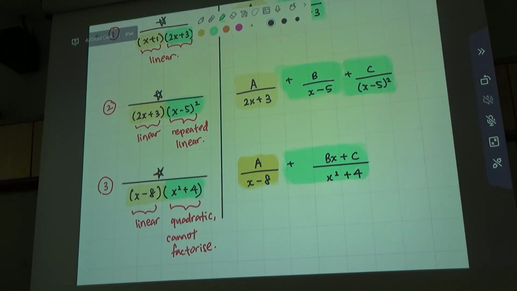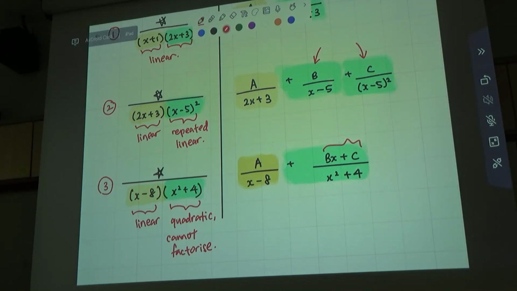So earlier on, when we had our repeated linear, we generated two fractions of which B and C are just some numbers, they are constants that we need to find later on. Whereas for a quadratic that cannot factorize, our numerator is a linear expression of the form Bx plus C. Take note A, B and C are just some representations.